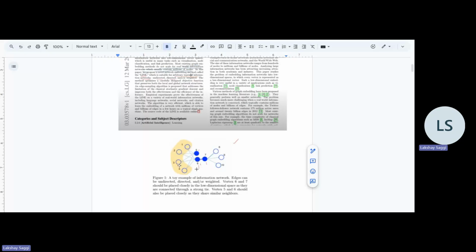So there are four vertices which are common neighbors between vertices 5 and 6. So vertices 5 and 6 are quite similar since they share a very large neighborhood, and they should also be close to each other in the final graph embedding.